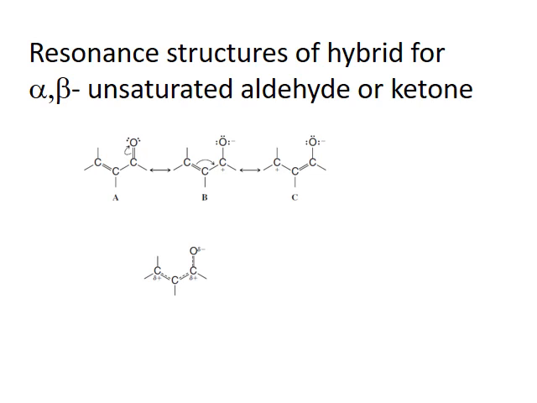Here, in the three resonance structures of alpha, beta unsaturated aldehyde or ketone, there is separation of charge: positive charge on carbon in two structures, and negative charge on the oxygen in these two structures.